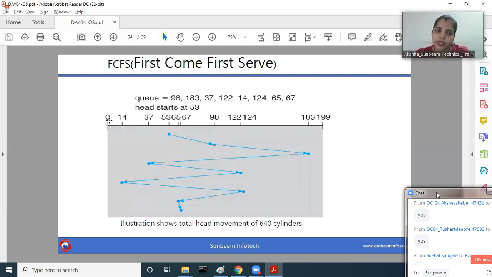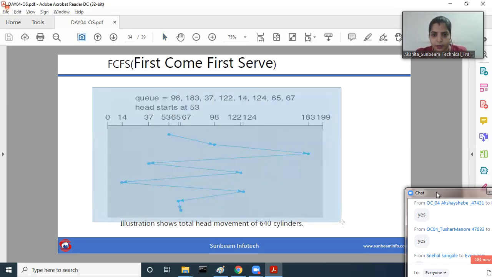So I will first arrange 0 to 200, out of which 14, 37, 53, 65, 67. पहले जो भी आपको क्यू दिया गया है, arrange it in ascending order, write it like this. Did you all get the first step? Have you understood up to this point?